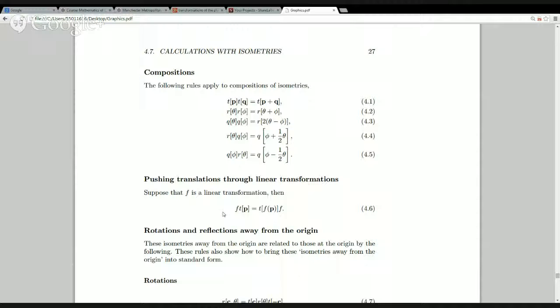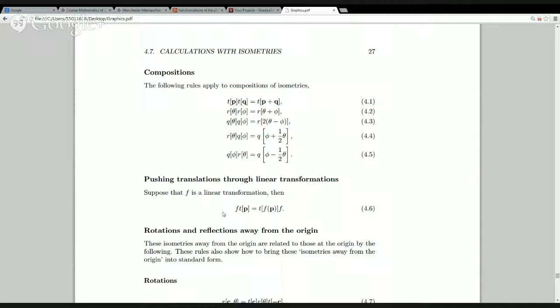Then we have two equations which tell us how to compose a reflection with a rotation in either order. And in both cases, composing a reflection with a rotation gives you a reflection. So in the first case, where you reflect in the line with angle phi, and you follow that up by rotating by the angle theta, that's the same as reflecting in the line which is at an angle phi plus a half of theta to the origin.